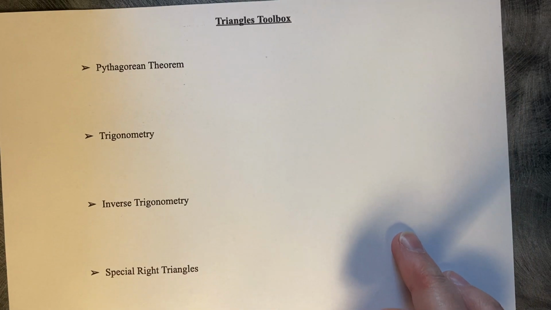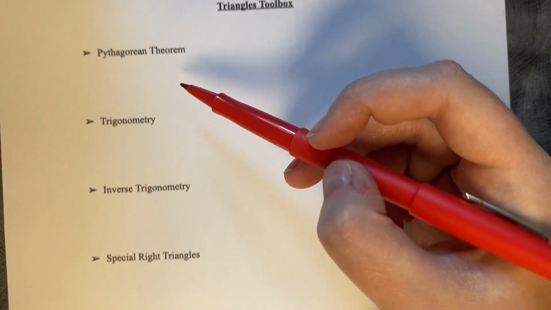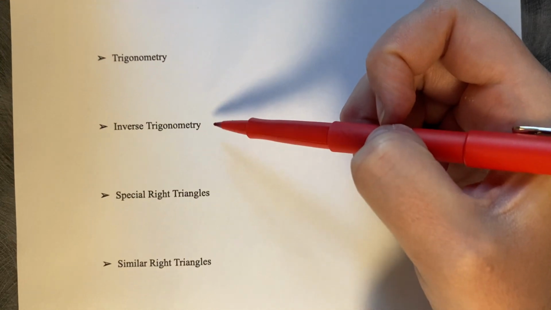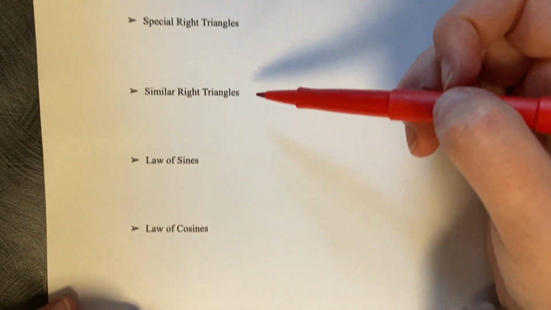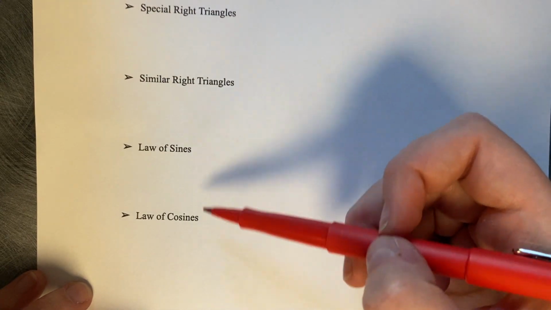So now what we'd like to do is bring all of our tools back together in our toolbox. So we've got a lot of tools. We've got Pythagorean theorem, trigonometry, inverse trigonometry, special right triangles, similar right triangles, and now our two new friends, law of sine and law of cosine. So let's start with our familiar friends up top.